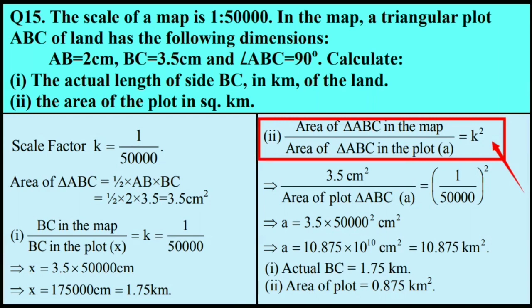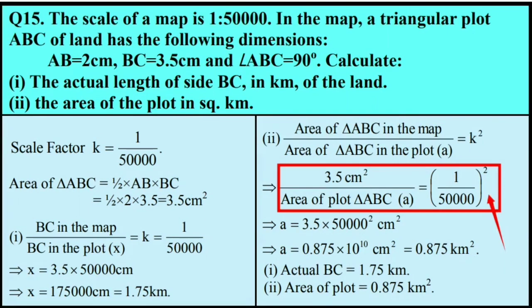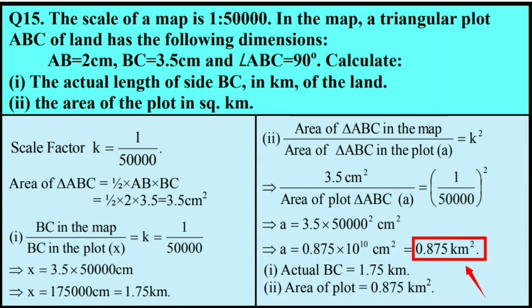Point number 2. Area of triangle ABC in the map divided by the same area in the plot is equal to the square of the scale factor. In the above relation, K is replaced by 1 by 50,000 and the area of triangle ABC in the map by 3.5 centimeter square, and hence the area of the plot ABC is calculated and it comes to 0.875 multiplied by 10 to the power 10 centimeter square, and that is equal to 0.875 kilometer square.